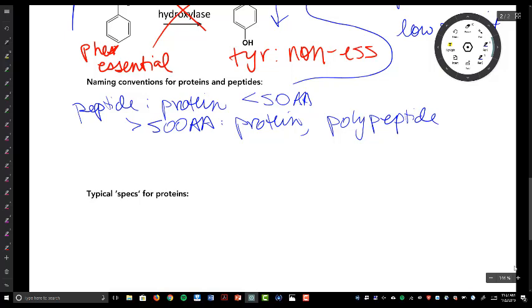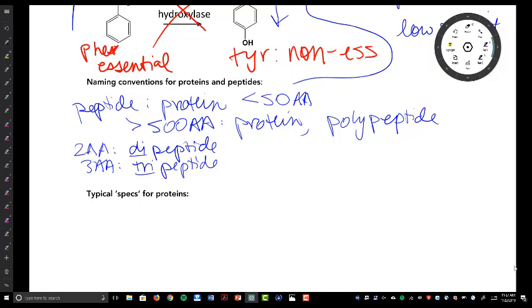And if we have a short peptide, we can do a naming convention where if we have 2 amino acids, it's a dipeptide. 3 amino acids, a tripeptide, etc., until you run out of prefixes. Once you get past 50, we call it a polypeptide or a protein.